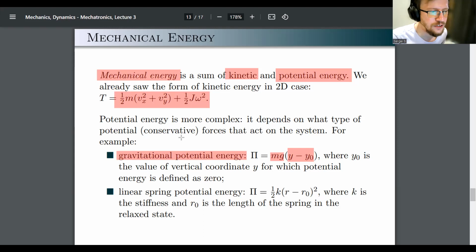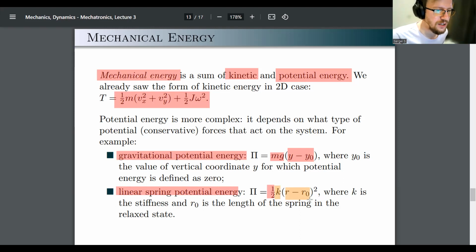Now, a linear spring is very similar. For linear spring potential energy, you have 1/2, notice, similar to kinetic energy, then the stiffness coefficient K, and then the difference between the current state of the spring and the non-deformed state of the spring.